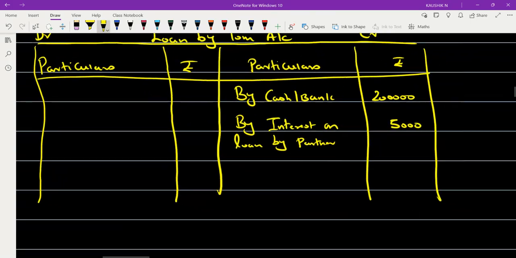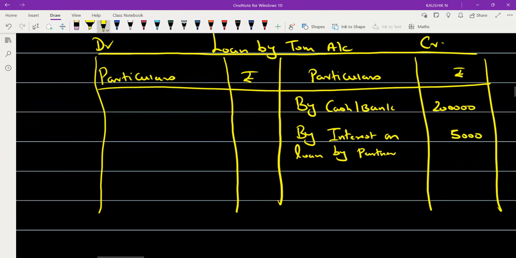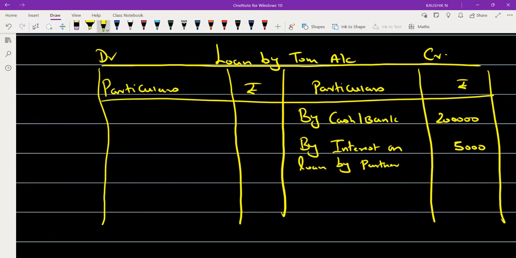We have done it. Now it's time to close this ledger. Now I'm going to find out the total. It comes to 2,05,000 on the credit side. The same 2,05,000 will be shown here as balance carried down, and now both the sides become equal.